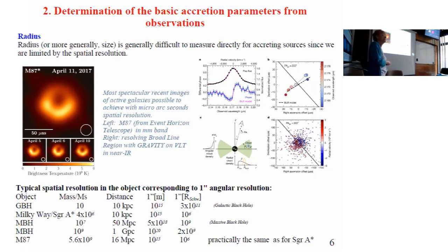We can discuss that. But there was also recently very nice progress in observations in the near infrared. There is a new instrument named GRAVITY working on the VLT telescopes. And this instrument, for the first time, was able to resolve the broad line region in the quasar 3C 273, this most famous quasar.